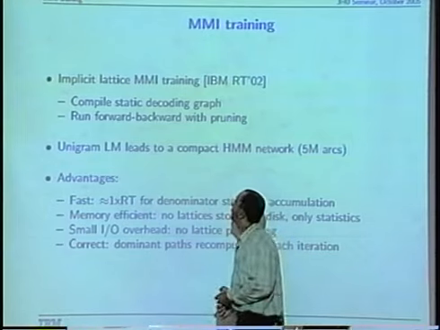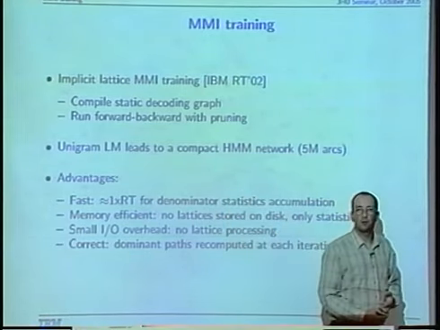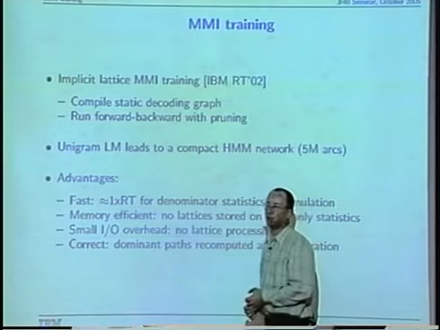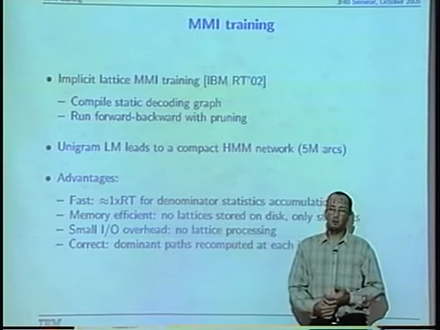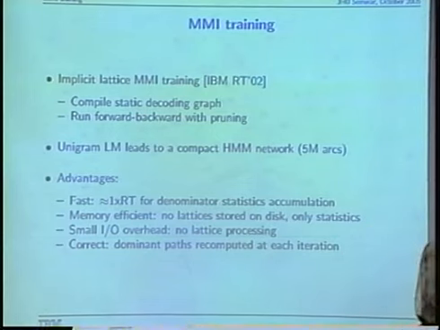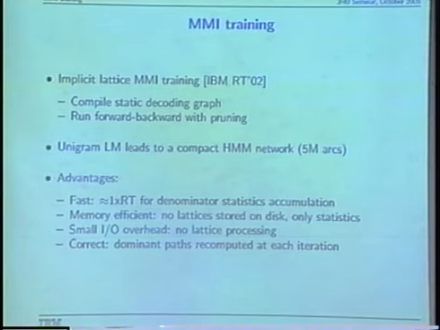And then we run forward backward on that graph instead of Viterbi. So what this gives you is a state posterior at each time frame. And when you multiply that state posterior with the normalized mixture likelihoods, then you get a Gaussian component posterior at each time frame. And that's exactly what you need to accumulate the MMI statistics.